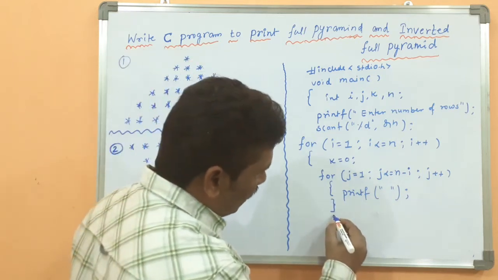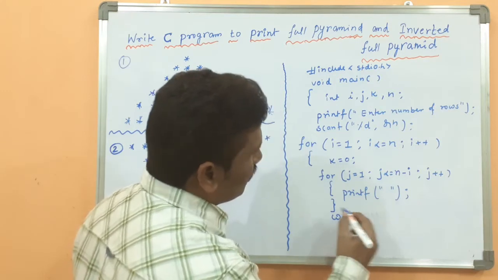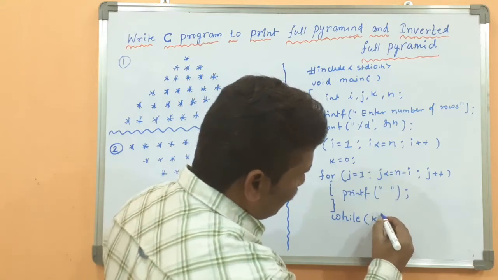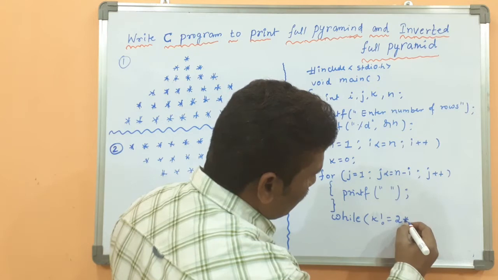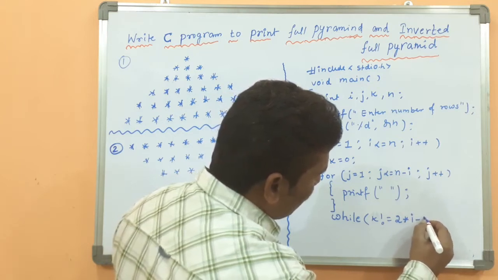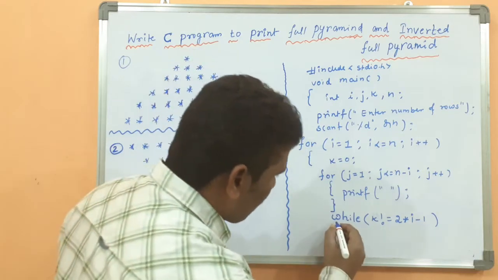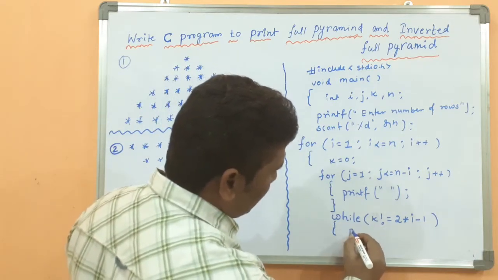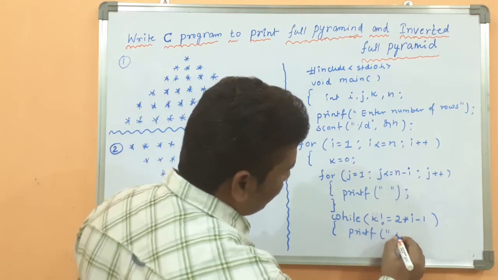After that, while k is not equal to 2 into i minus 1. If the condition is true, then printf star.